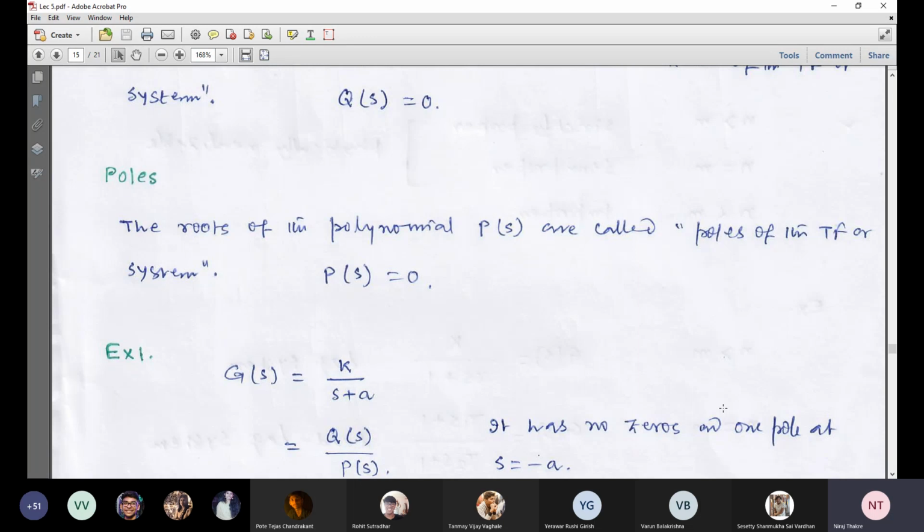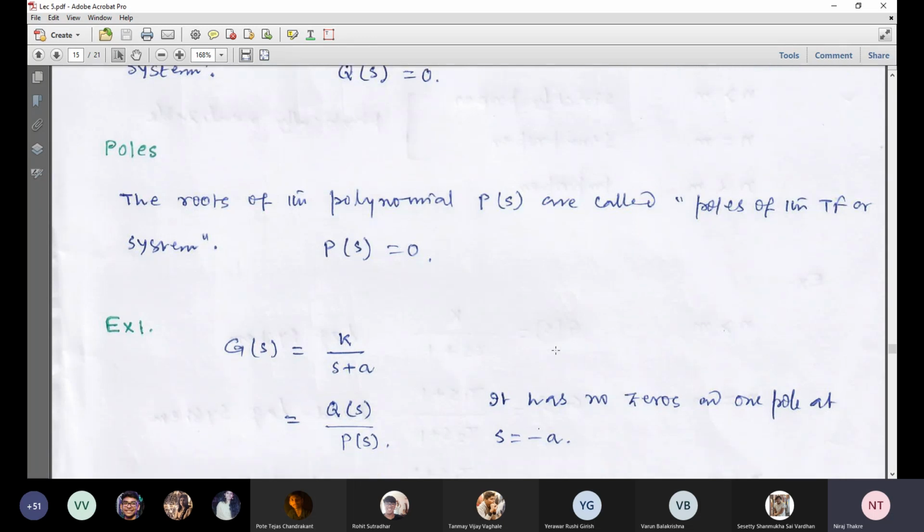Now let us take one example to discuss this theory. We have a transfer function G(s) equal to K divided by (s plus a).